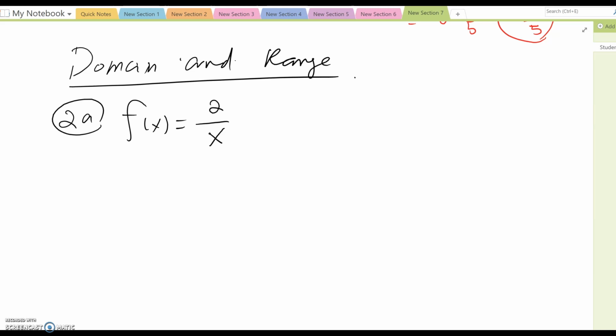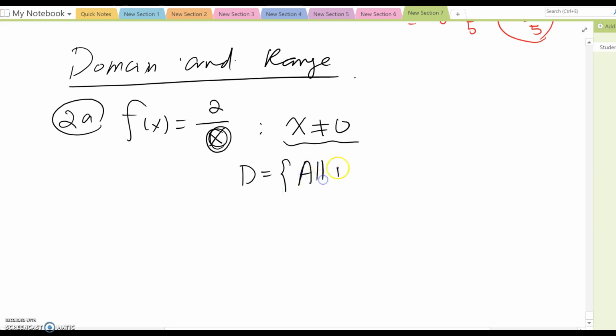What is it? Yes, the denominator cannot be 0, which means x cannot be 0. That's our limitation. Therefore, we can say the domain is all real numbers, but x cannot be 0. That's it.